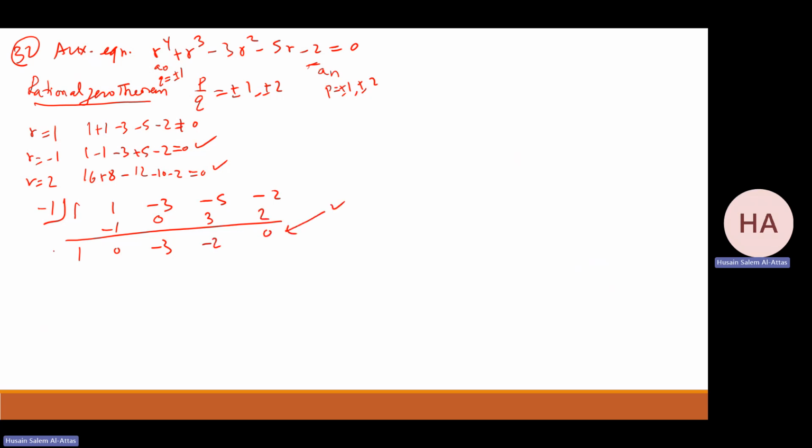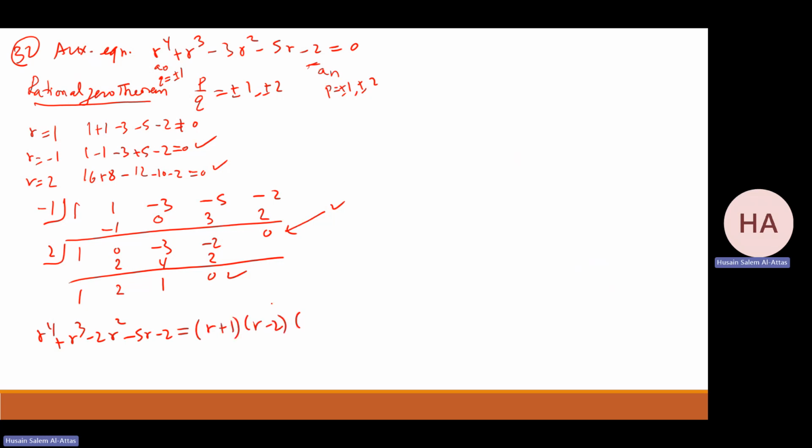Then with 2: 1, 2, 2, 4, 1, 2, 0, which is good. So r to the power 4 plus r cubed minus 3r squared minus 5r minus 2 will be r plus 1, r minus 2 times the remaining, which is r squared plus 2r plus 1.